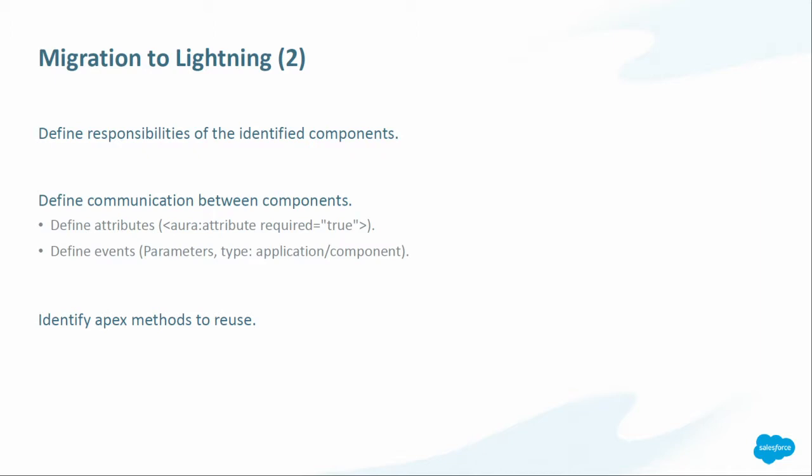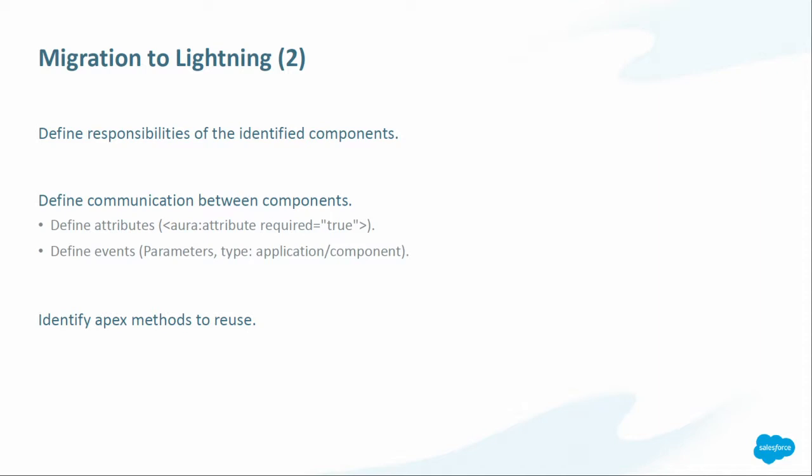Once we have defined the components that we need for our app, we need to define also what it's going to do, the functionality that it's going to provide. Apart from that, as we've seen, our components were communicating with other parts of the page, so we also need to find out how the new components are going to communicate among them.